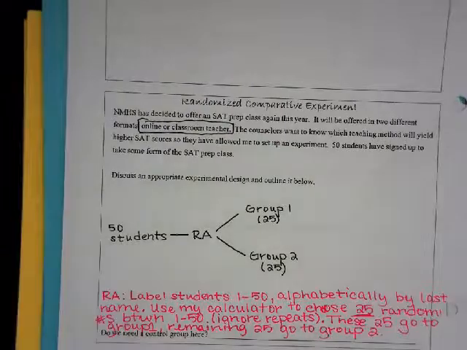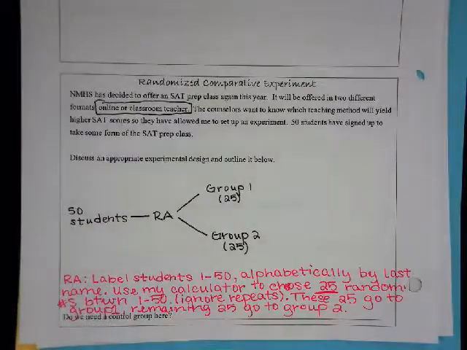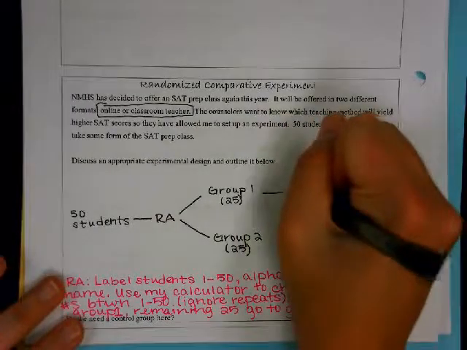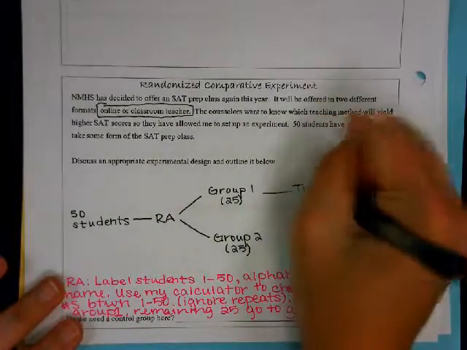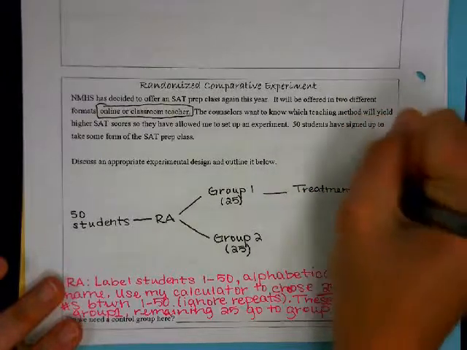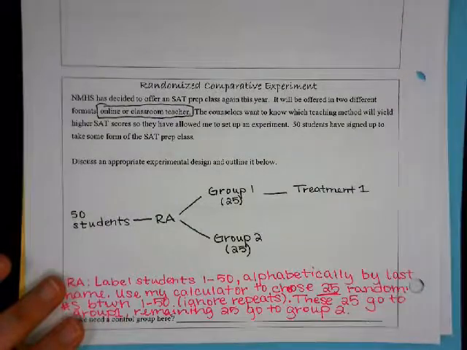So now that I have explained how I use random assignment to make group 1 and group 2, I'm going to say group 1 gets treatment 1, which I'm just going to go in order. Online was listed first in the question, so I'm going to say treatment 1 is the online class.